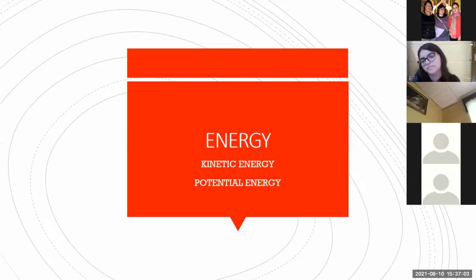Motion. Okay, kinetic energy is the energy due to motion. So speed is going to be included. Now, potential energy is going to be the energy according to an object's position from the ground.